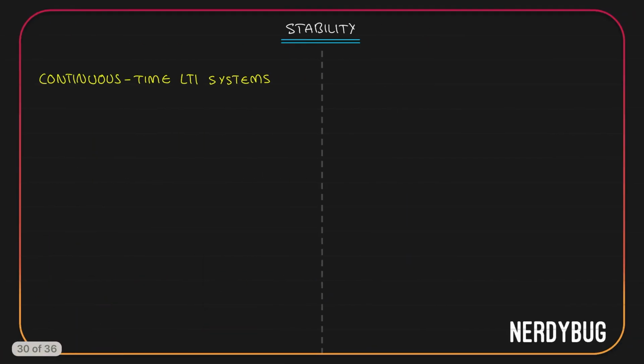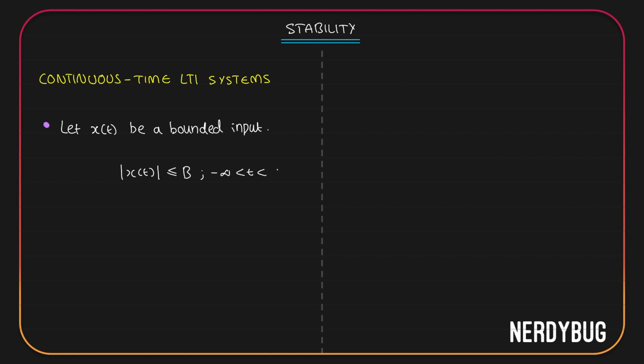Now let us take a continuous time LTI system. Let x(t) be a bounded input. That is, the magnitude of x(t) is always going to be finite. Let us say it is less than or equal to some B for any value of t between minus infinity and infinity.